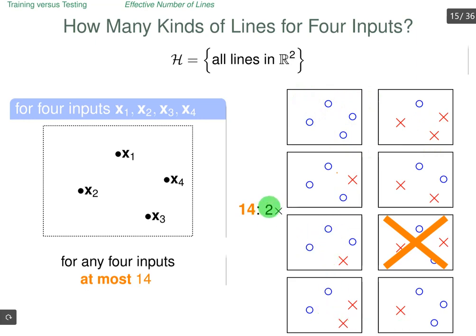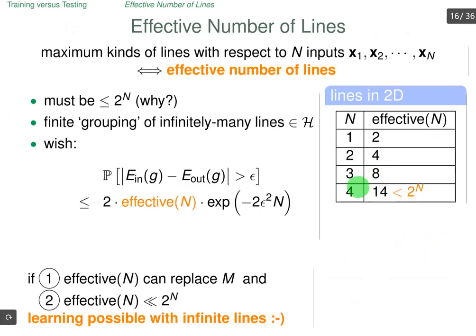And it happens 2 times, because we flip the signs, we flip the labels. So there are 2 cases where the lines will not be able to provide these kinds of labels. That's why, as we increase the number of examples, we get fewer effective hypotheses in 2D, when we're talking about linear functions or perceptrons.